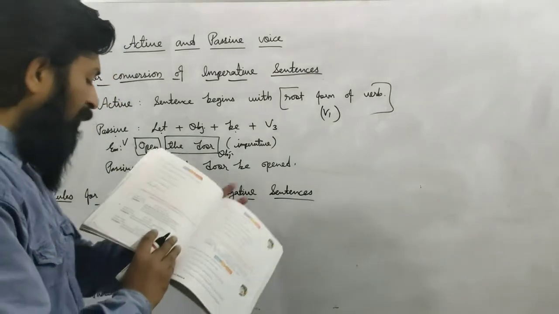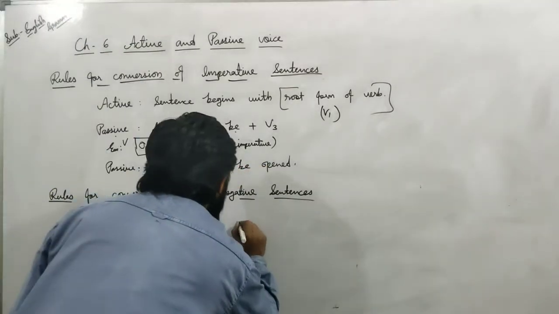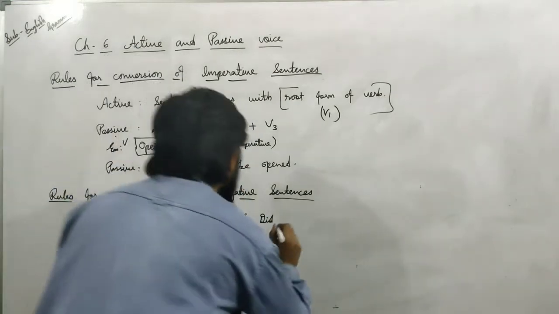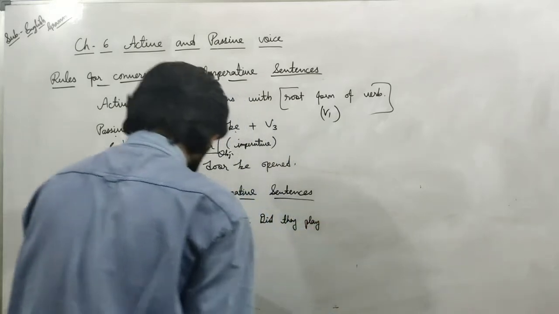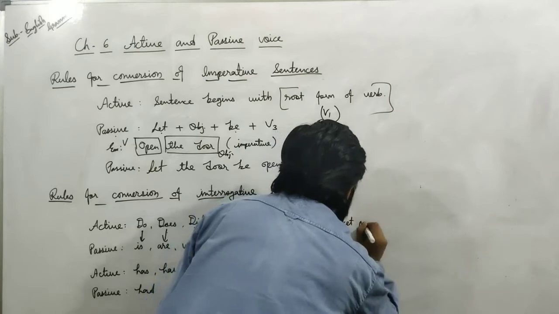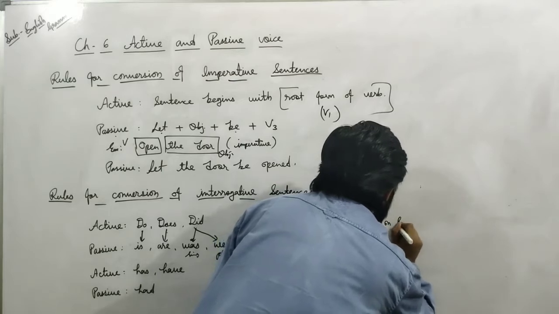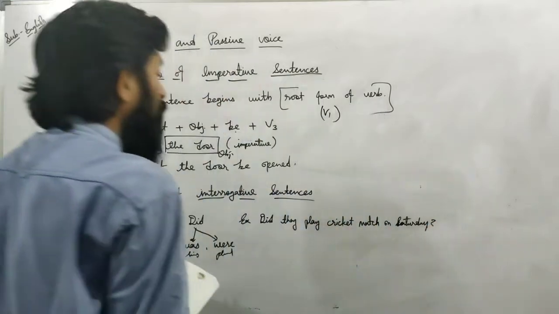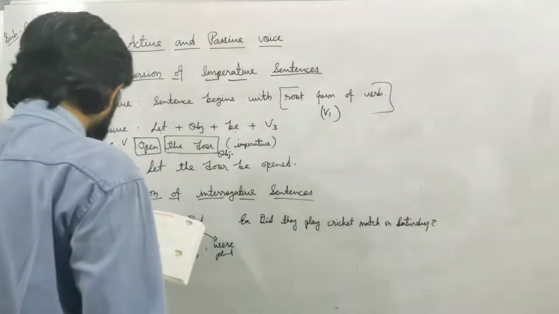One sentence is given here: Did they play the cricket match on Saturday? We write the example here. We know that it is an interrogative sentence, because someone is asking a question about playing cricket.